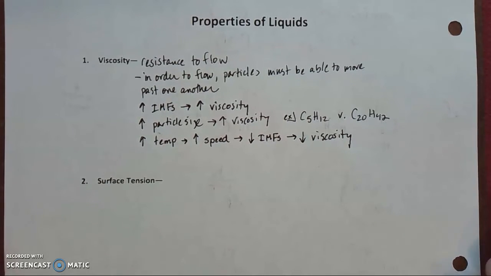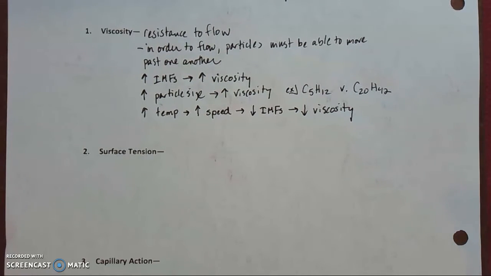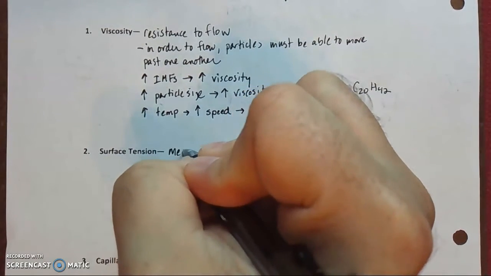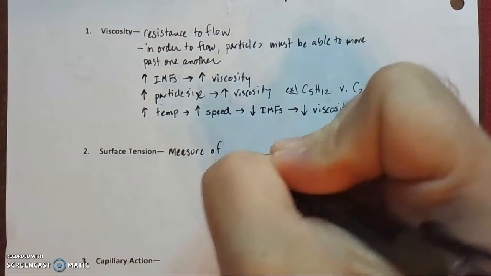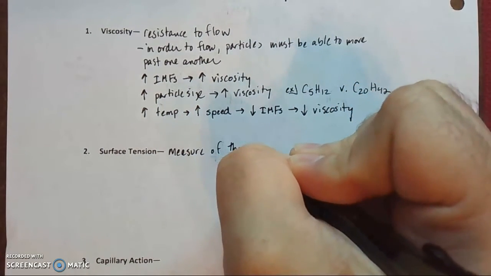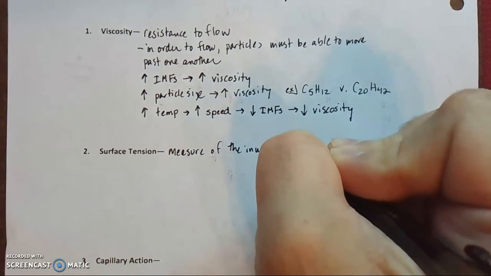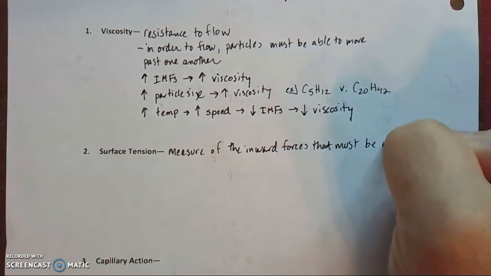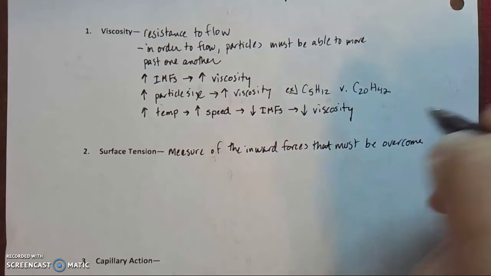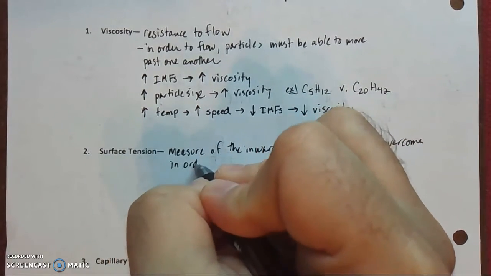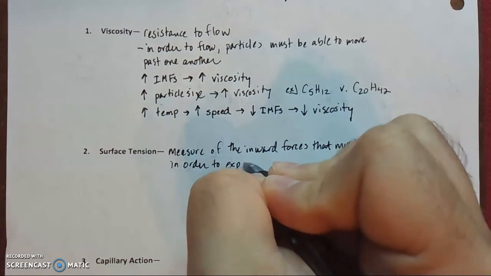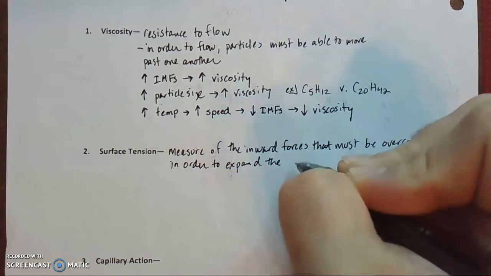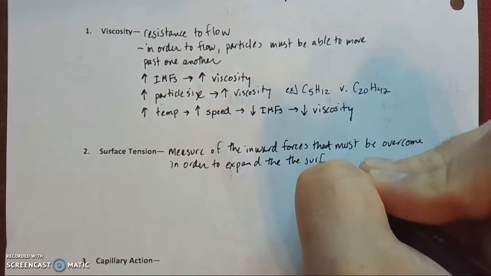The second one that we're going to look at is surface tension. Surface tension is at the surface of a liquid, and it's a measure of the inward forces that must be overcome in order to expand the surface of a liquid.